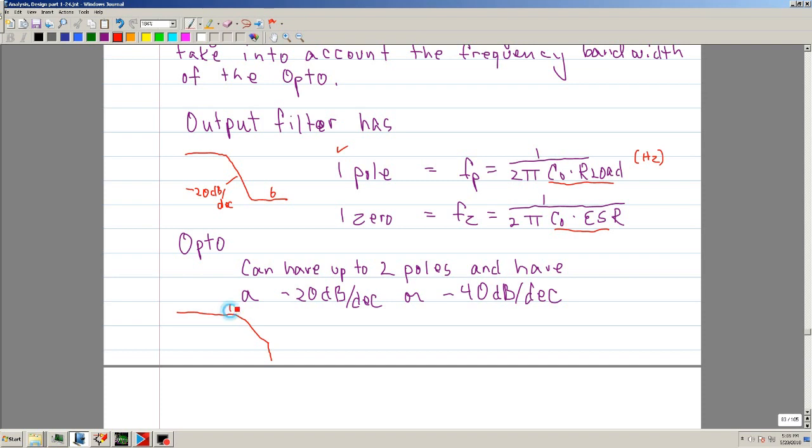When you have a pole, you have negative 20 dB; if you have a second pole following it, then that's negative 40 dB. That throws our plant equivalent off a little bit, or at least we have to be aware of it.